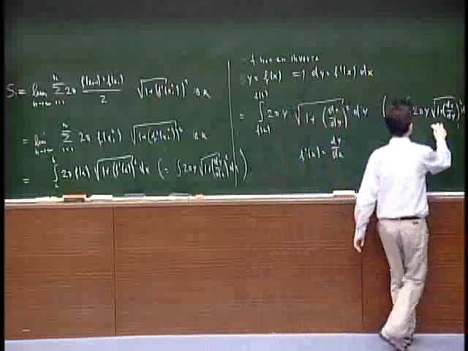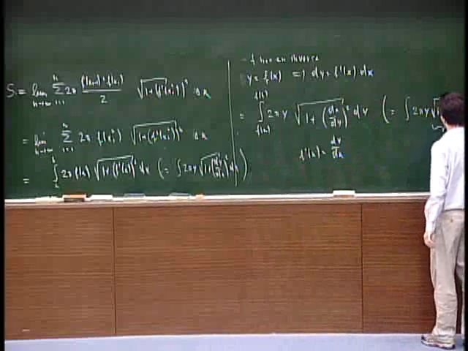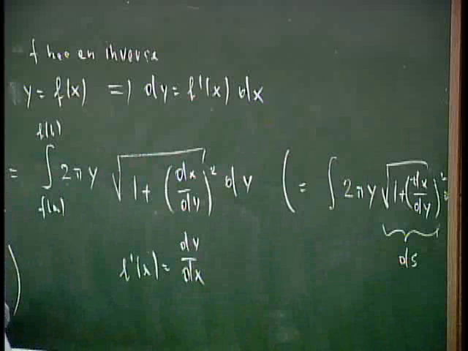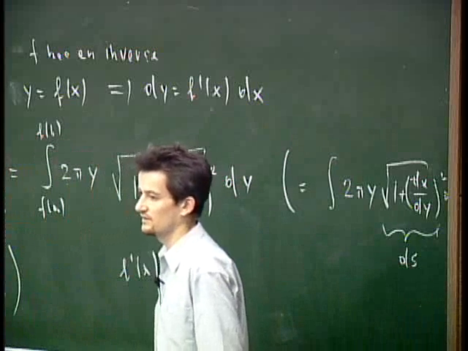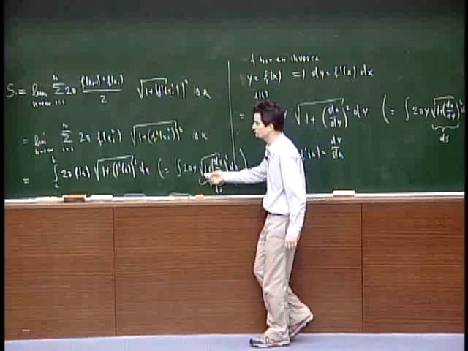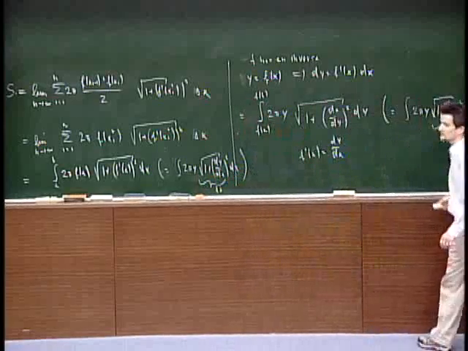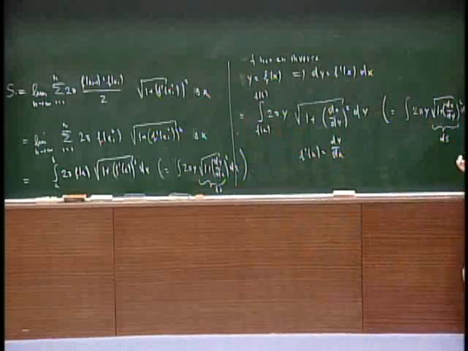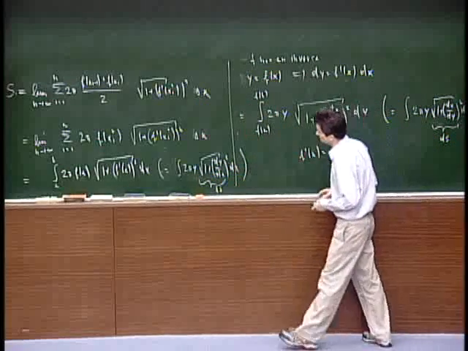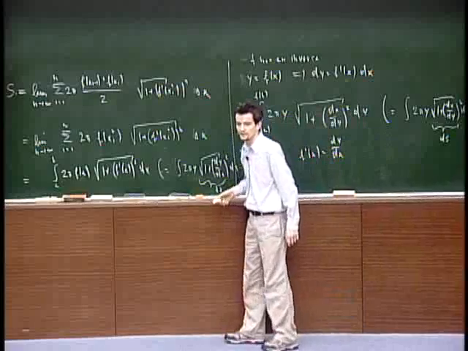Or you can merge this here, and this becomes ds. Also this here becomes ds. Then the formula is the same, but the interpretation is different, because here you integrate with respect to x, and here you integrate with respect to y. And this is a way to memorize the formula.